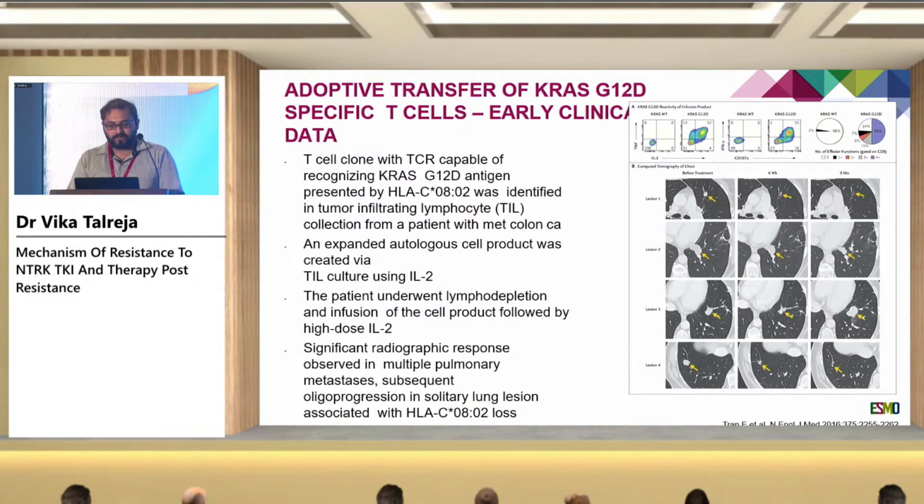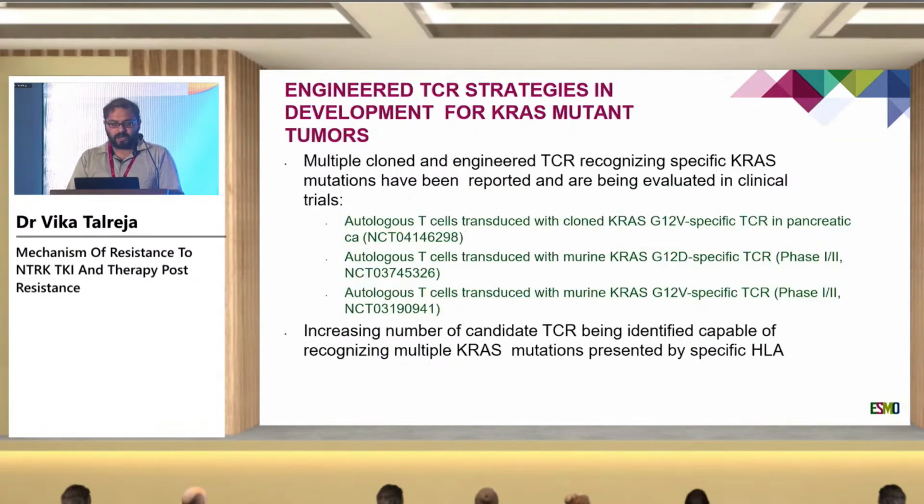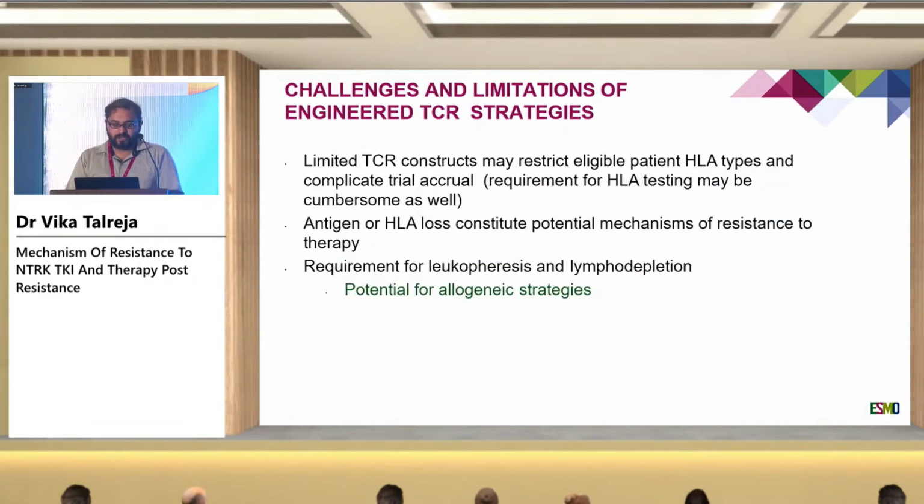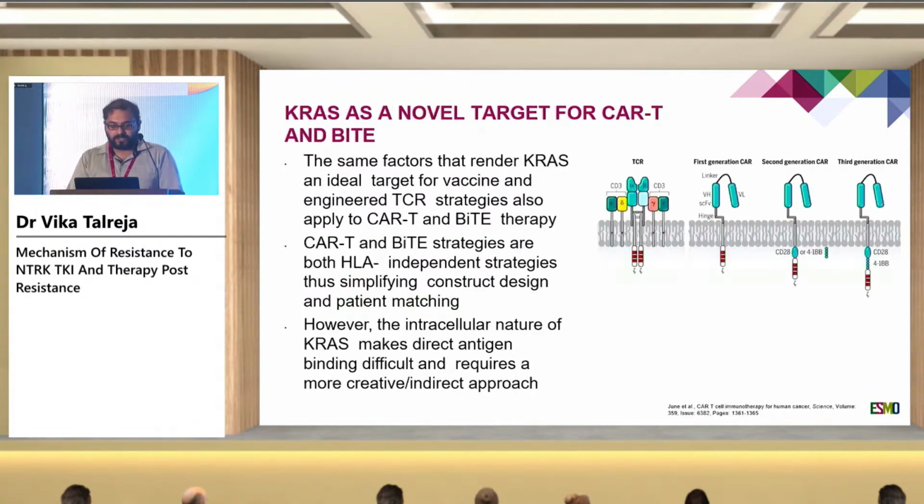And you could look at the preclinical data for it. The mouse models show very promising outcomes. The limited TCR constructs may restrict eligible HLA types and complicate trial accrual, and HLA loss constitutes a potential mechanism of resistance to them, and there's potential for allogeneic strategies.